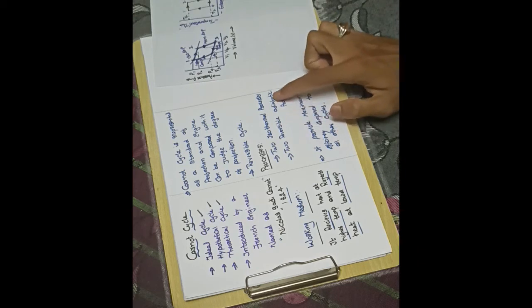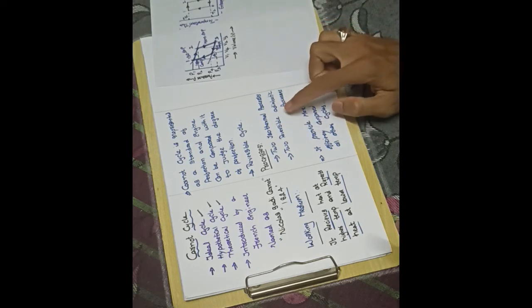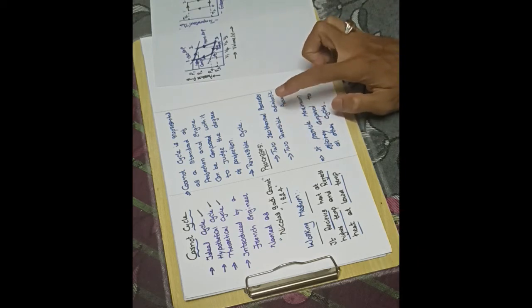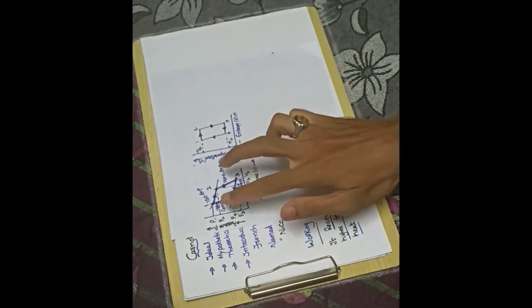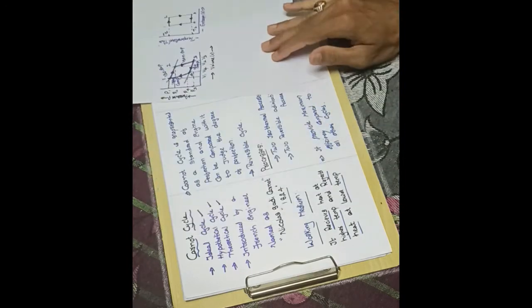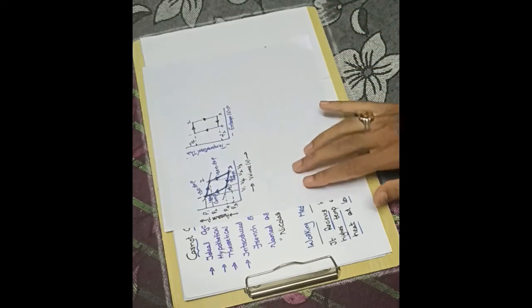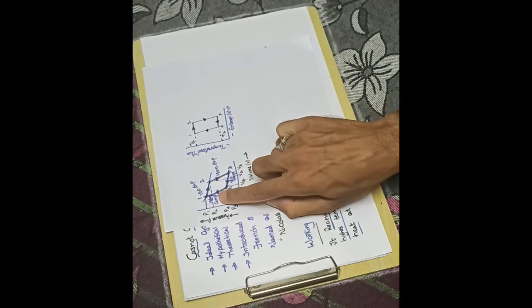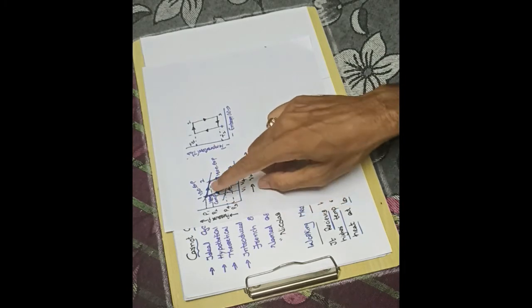The next two processes are reversible adiabatic processes, also called isentropic processes: the first is isentropic expansion, or reversible adiabatic expansion, and the second process is isentropic compression.